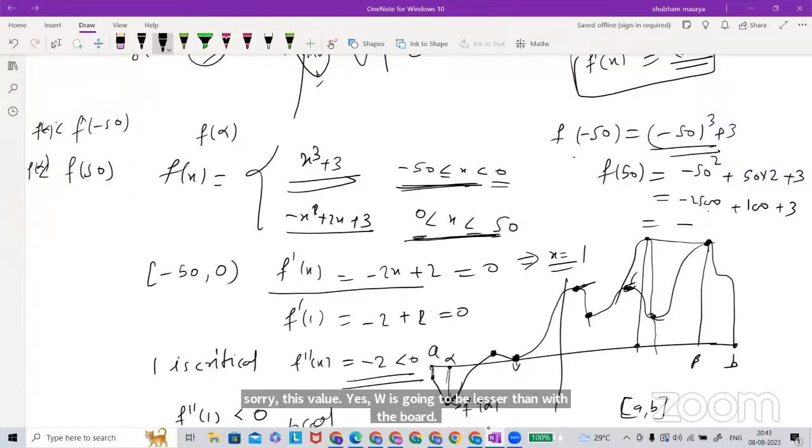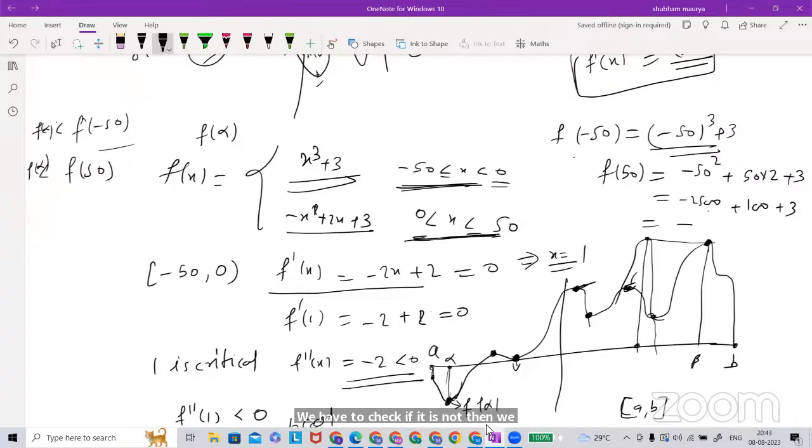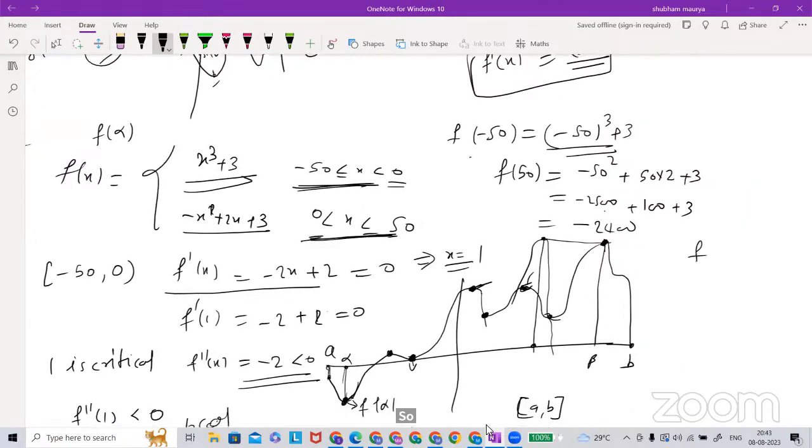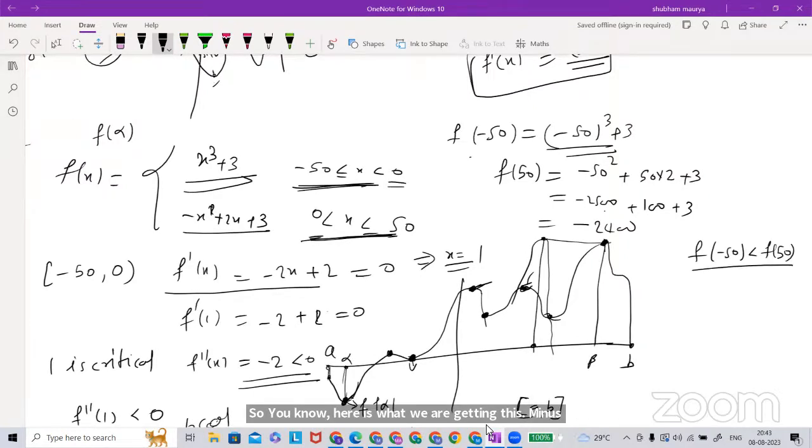We have to check. If not, then it is going to be one of them. At -50 we got this value and at 50 we got this one, and we compared and found that -50 is lesser than 50.